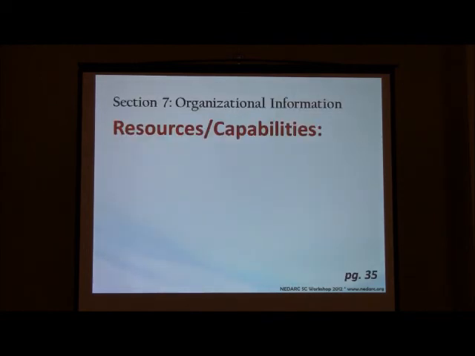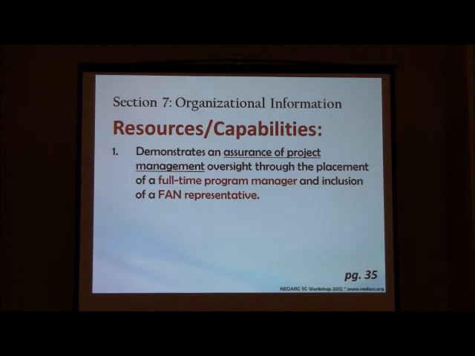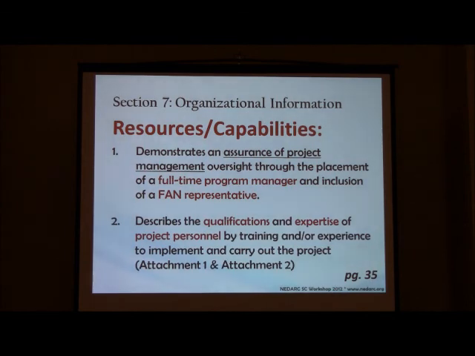Okay, so let's see what the FOA defined for the reviewers of what resources and capabilities are. So it's looking for the assurance of project management, that this project is going to happen because you have good project management in place. And it does mention a full-time program manager and a family representative. And then the second thing, it asks you to describe the qualifications and expertise, which is mostly in those 2 attachments, by training or experience.